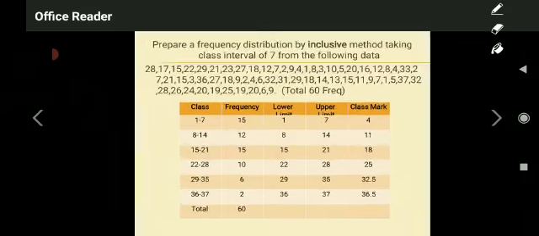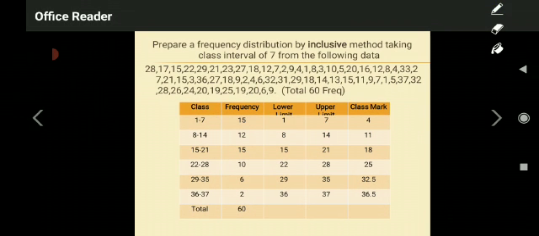Okay, now one more question, a very interesting question. Read that question. Prepare a frequency distribution by inclusive method taking class interval of 7 from the following data. They are giving the data and also the class interval limit. They have given the 7 over there.